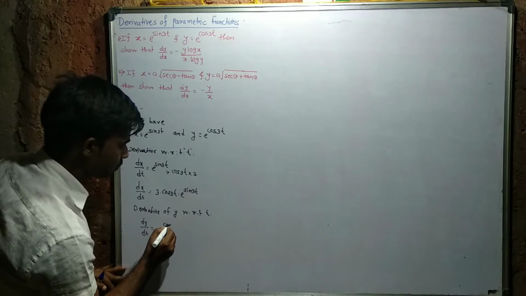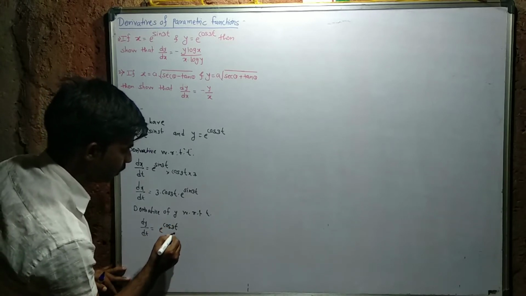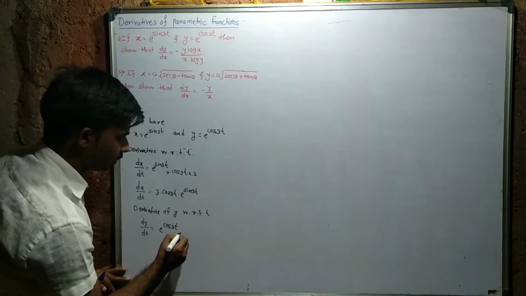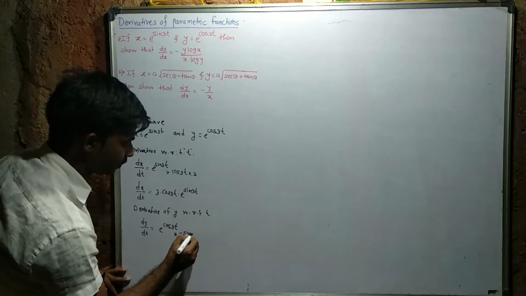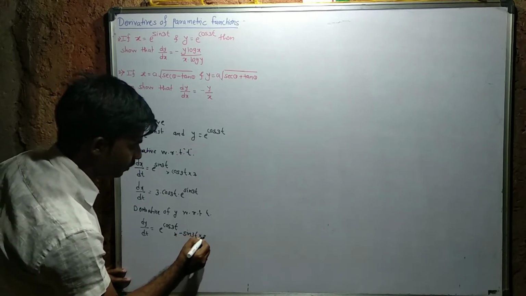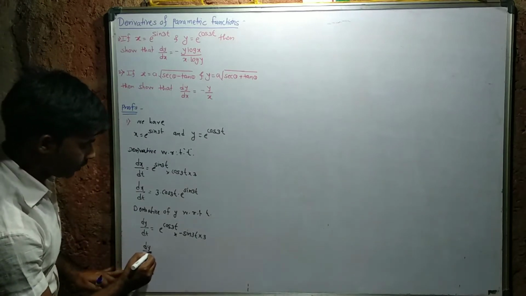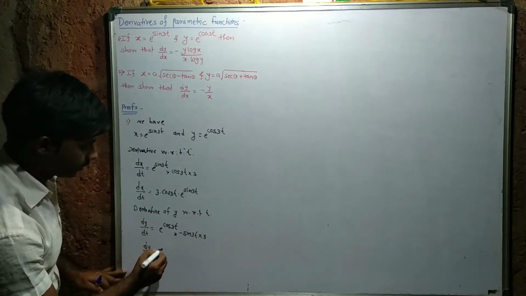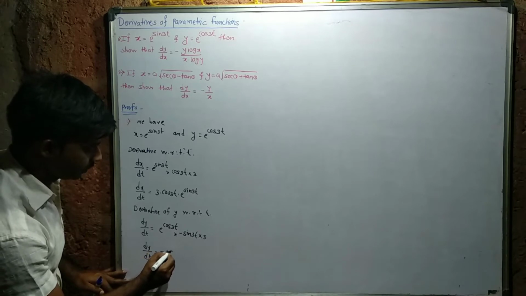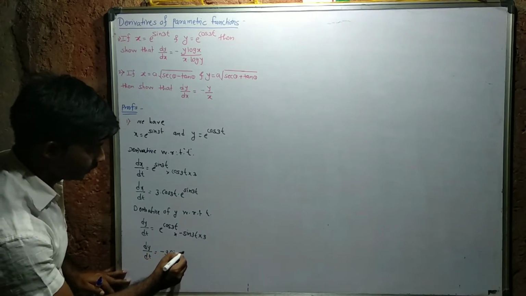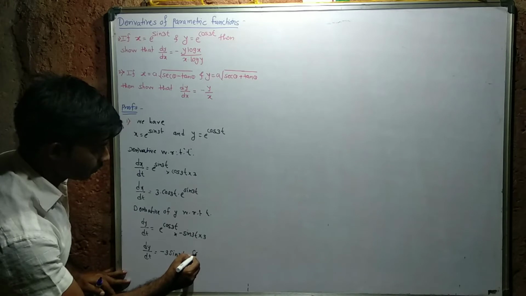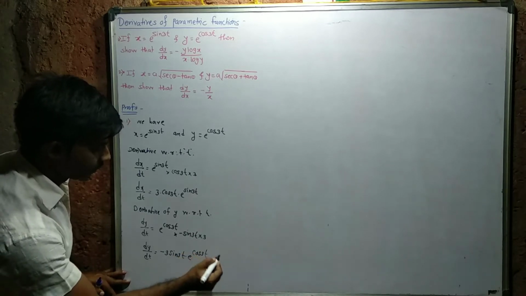That means e raised to cos 3t into cos 3t, which has the derivative minus sine 3t, and 3t has the derivative 3. Therefore dy by dt is equal to minus 3 sine 3t into e raised to cos 3t.